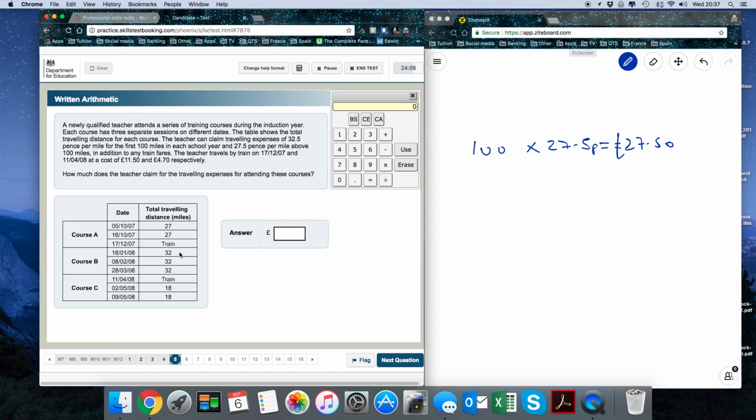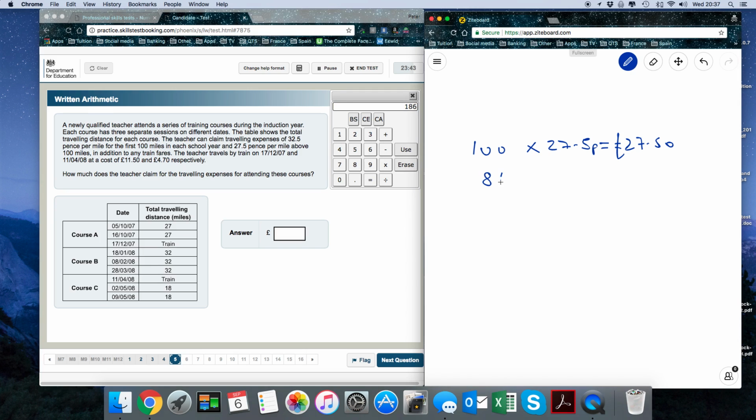So we look at the table at the bottom. In course A we did 27 miles and another 27 miles. Then we did 32 and another 32 and another 32. And then on course C we did another 18 and another 18. So we did 186 in total.